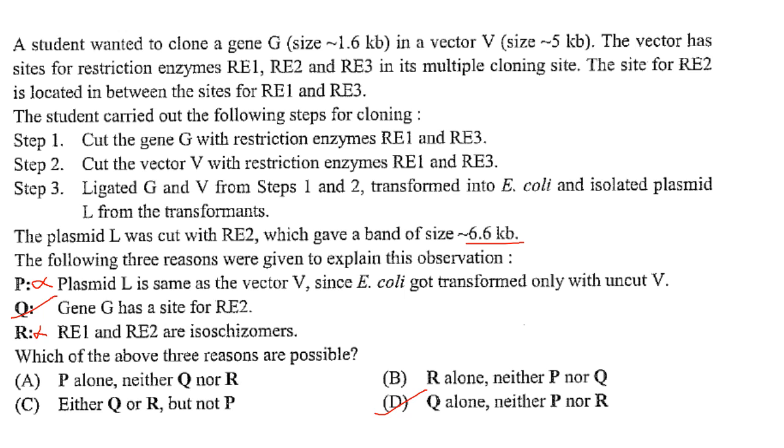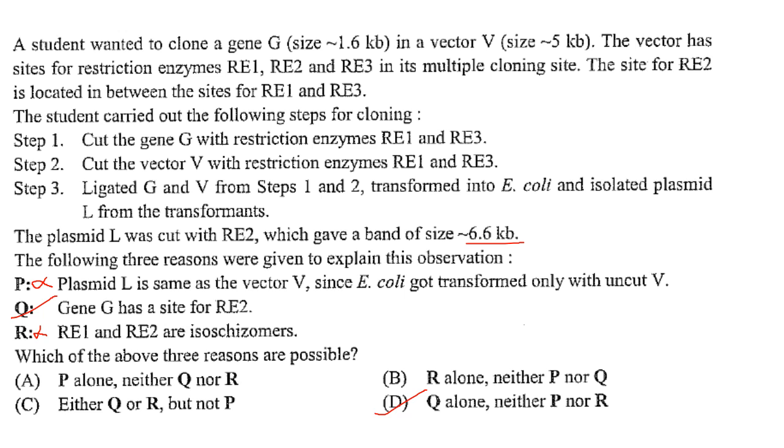R: RE1 and RE2 are isoschizomers. Isoschizomers are restriction enzymes that have the same recognition sequence and cleave the DNA at the same positions. But they need different reaction conditions like pH, ionic strength and even temperature.